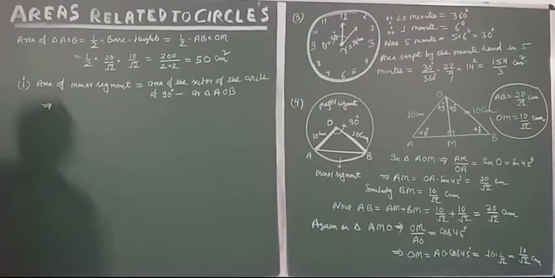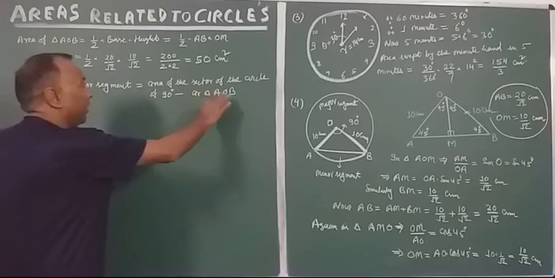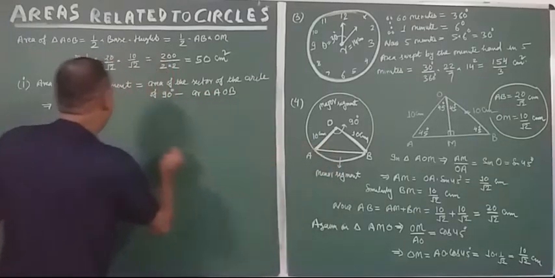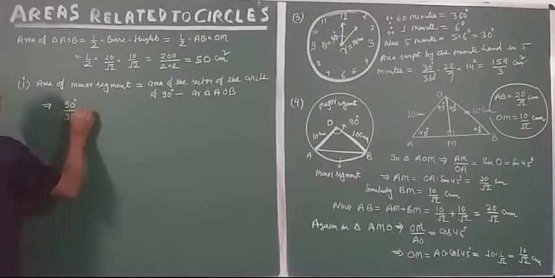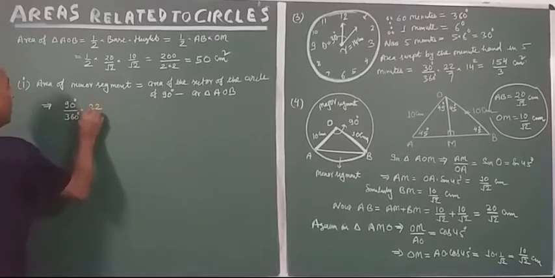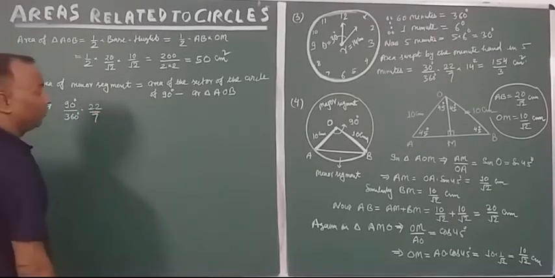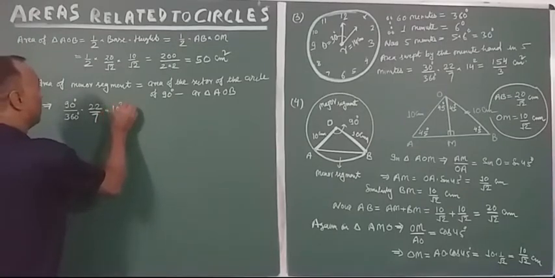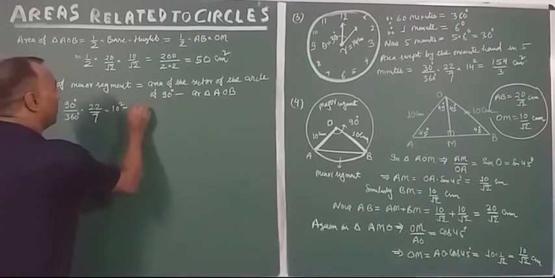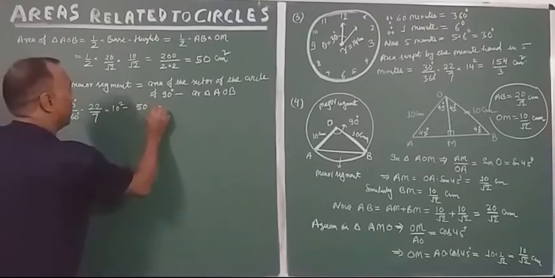Now area of the sector of the circle of 90 degree will be theta upon 360, that is 90 upon 360 into pi r square, and r is 10 centimeter given, and minus area of triangle is 50 centimeter square.